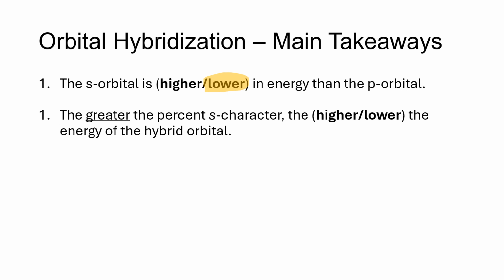What we saw on the previous slide is that when we have hybridized orbitals, like an sp hybridized orbital, the greater percent S character means that the lone pair living in that orbital can be much closer to the nucleus, and that makes that orbital and the electrons living in it much more stable or much lower in energy. We will work on applying this as we see more examples of acid-base chemistry later on.